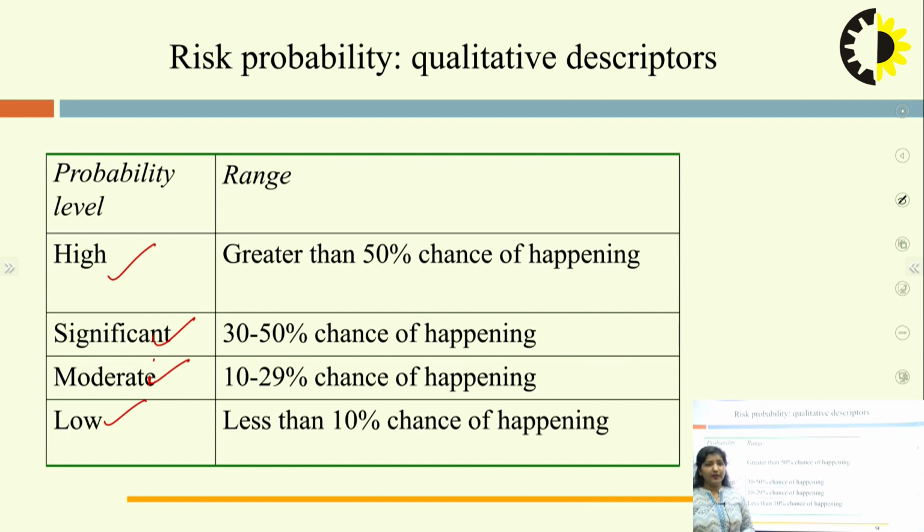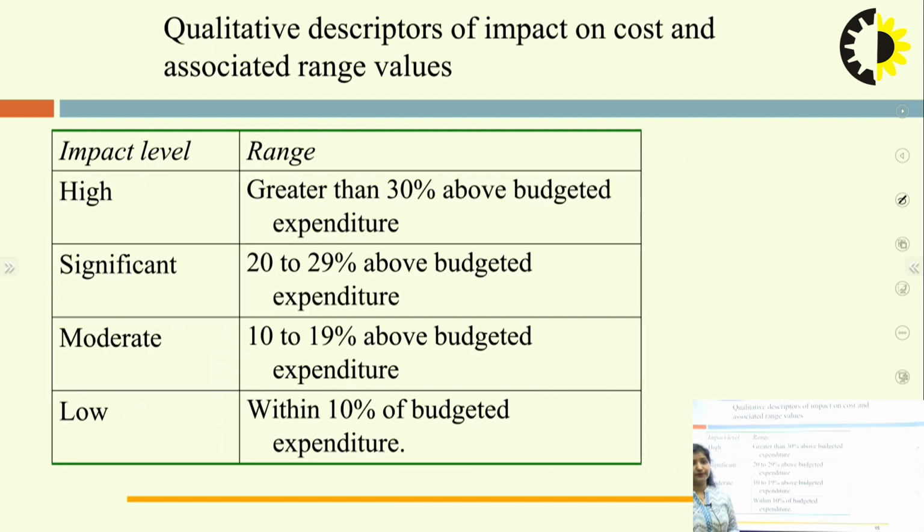If the range is 30 to 50%, we say that it is significant in nature. If it is between 10 to 29%, then we say it is moderate in nature, and if the chance of happening is less than 10%, then we say that it is low in nature. So, this is how the risk can be exposed.